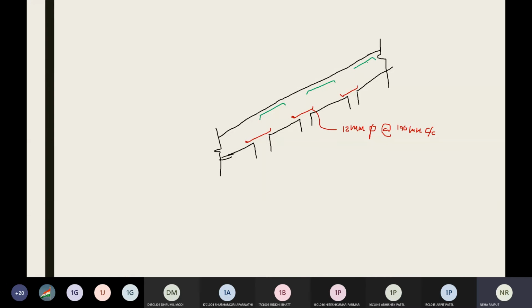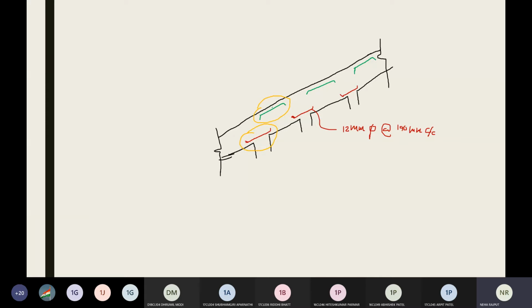So I'm just considering that these are the regions where the maximum positive moment is acting, and I'm showing with a different color that this one is the region where the maximum negative moment is taking place, and this is the region where the maximum positive moment is taking place. But the reinforcement should be provided throughout the length, right?